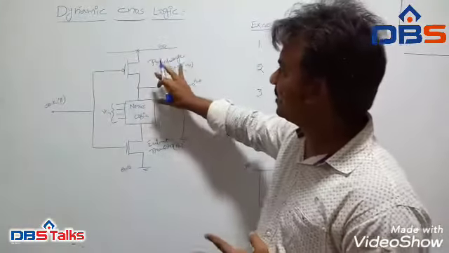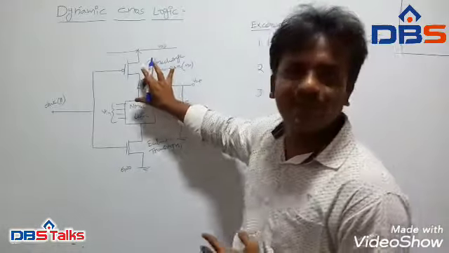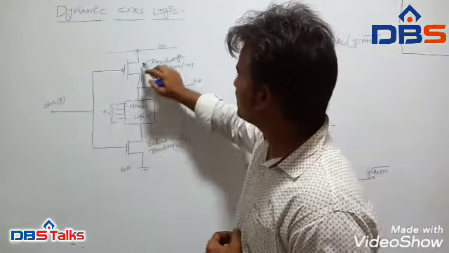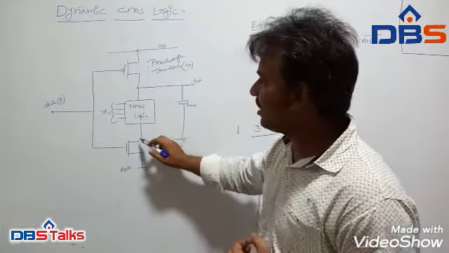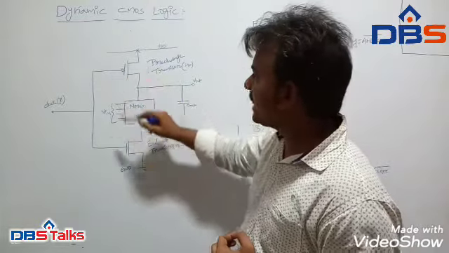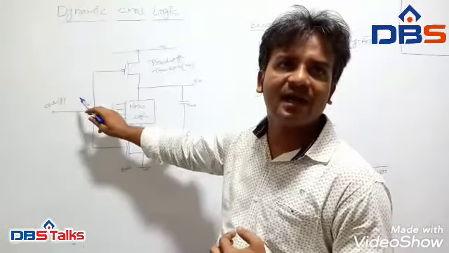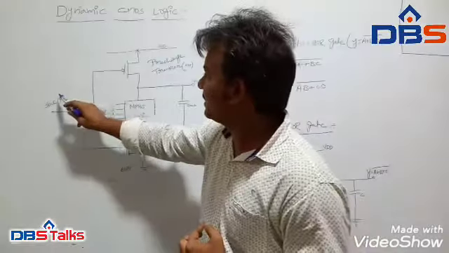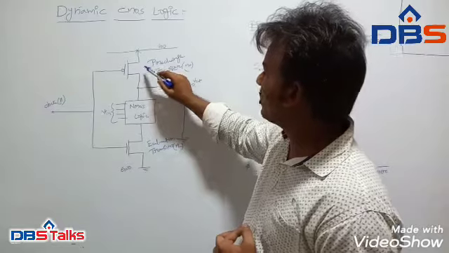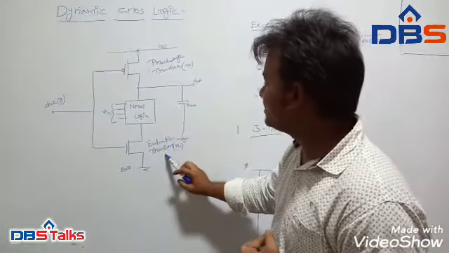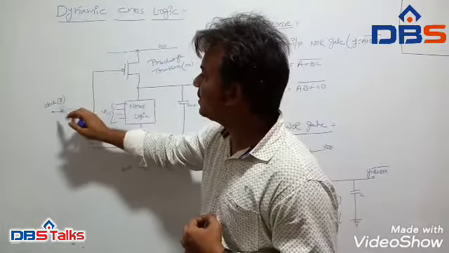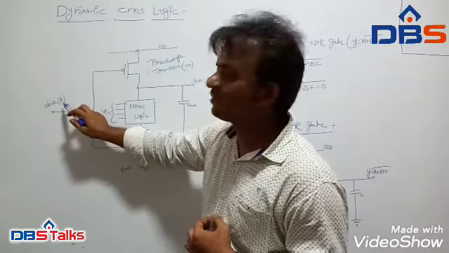In this circuit we have a simple CMOS inverter, with a PMOS transistor and an NMOS transistor. These two devices are driven by the clock phi, and the operation of the pre-charge transistor and the evaluation transistor is determined by the logic we apply at the input of clock phi.